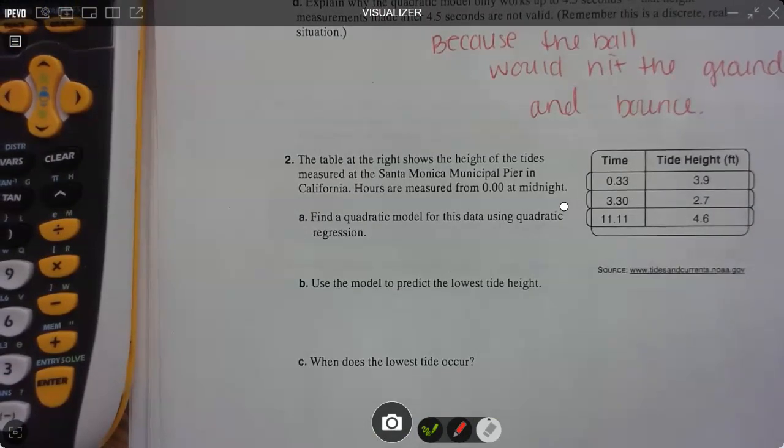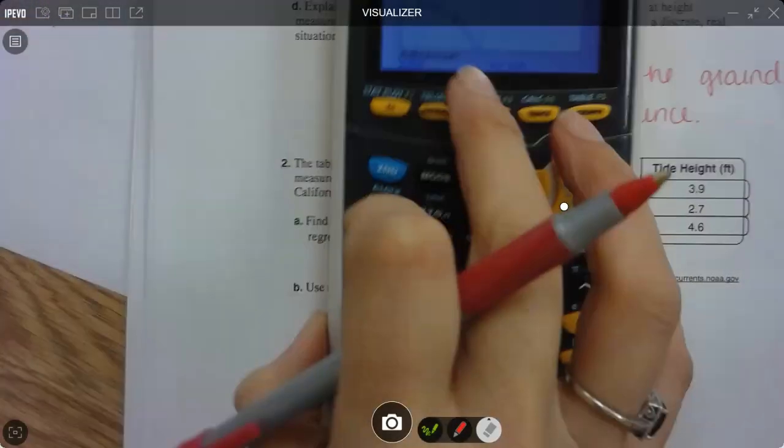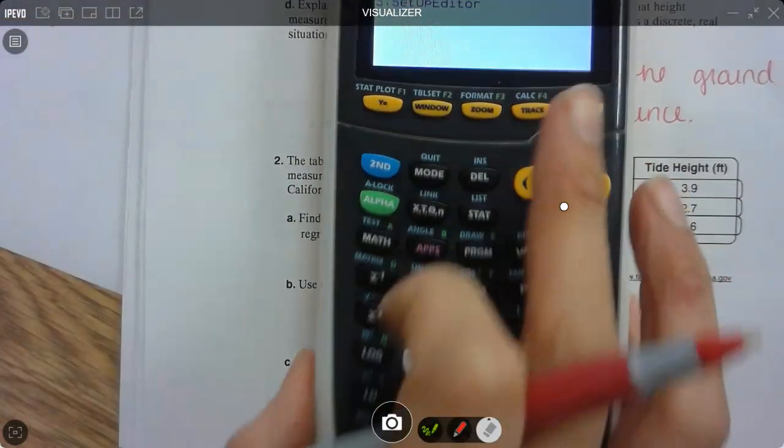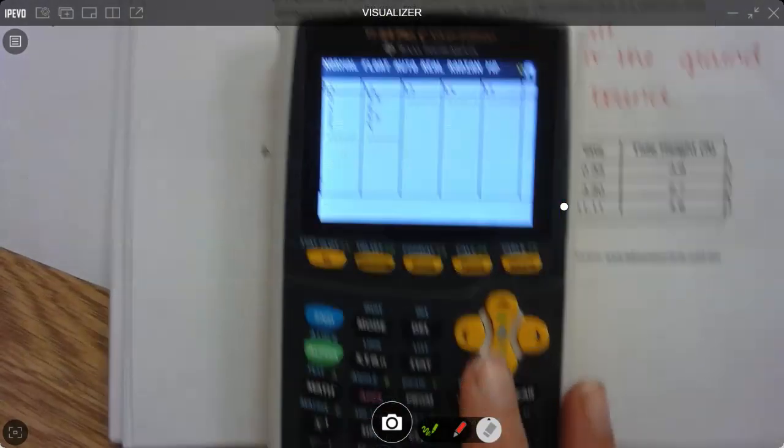Okay, table 3 shows the height of tides measured in Santa Monica Municipal Pier in California. Hours are measured from 0 to midnight. Find a quadratic model for the regression of this data. So again, we're just going to go to our calculator. We're going to go to Stat, go to Edit.